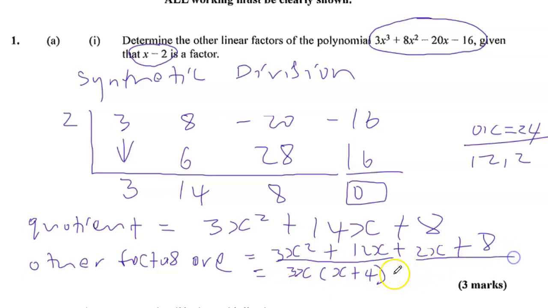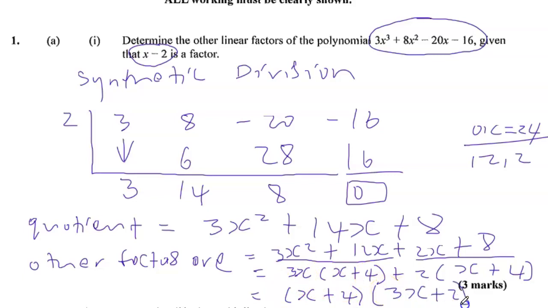The other pair, the common factor there is 2. Again, factor out 2, we have x plus 4. So the other factors are the common bracket, x plus 4, and we are left with 3x plus 2 outside of these brackets. So those are all the other factors, x plus 4 and 3x plus 2.